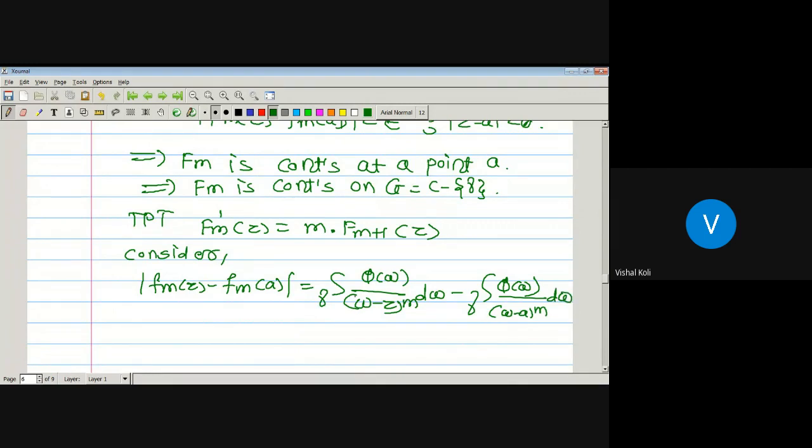By solving this one, we will get the integral over the curve gamma of phi of w into (z minus a) into the summation k running from 1 to m of 1 upon (w minus z) to the power (m minus k plus 1) into (w minus a) to the power k, into dw. Here we will write dw as it is. Okay.